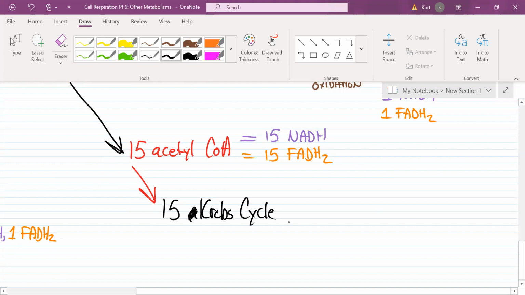If one turn through the Krebs cycle makes 1 ATP, 3 NADH, and 1 FADH2, how many ATP are you going to make through 15 cycles of the Krebs cycle? 15 ATP. How many NADH will you make through 15 turns of the Krebs cycle? 45. And how many molecules of FADH2 will you make? 15.